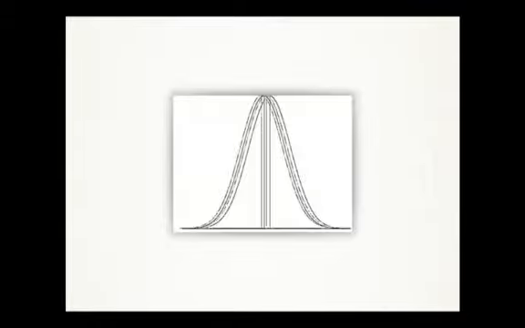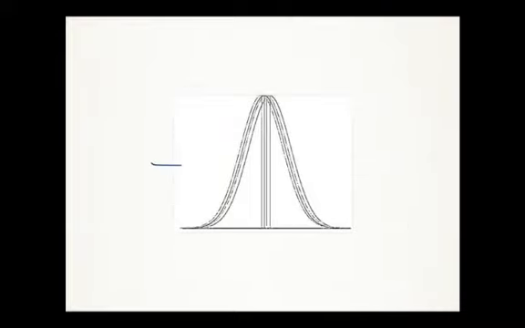So, what does this look like in a picture? Usually we can understand things a lot better when we look at pictures. Okay? So here you can see a bunch of overlaid normal distributions, right? Here's the outermost one, the innermost normal distribution is here, and these vertical lines represent their means.